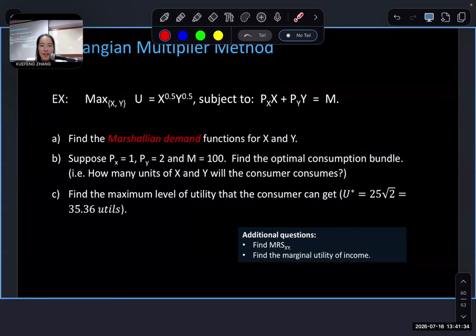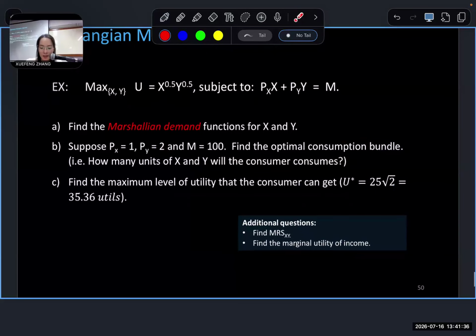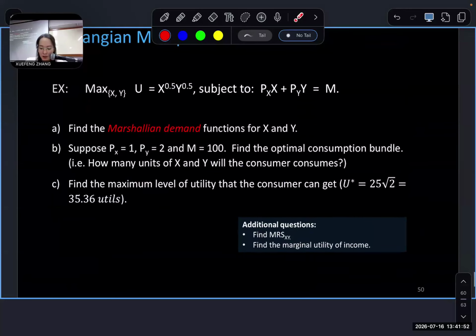Okay, same example as last chapter, the same Cobb-Douglas problem we solved earlier in chapter 3. Let me remind you of the final answer.